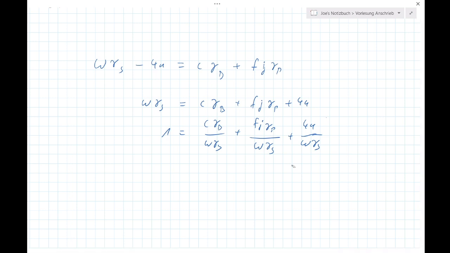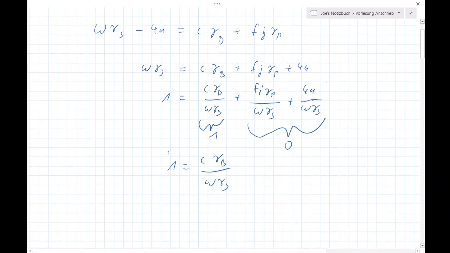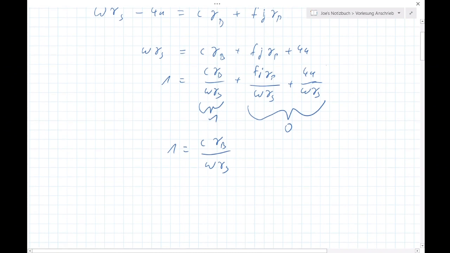In this case, this term will be 1, and this needs to be 0. So you come up with this equation: 1 is equal to CγB divided by ωγS. In other words, C is equal to γS divided by the degree of reduction of the biomass.